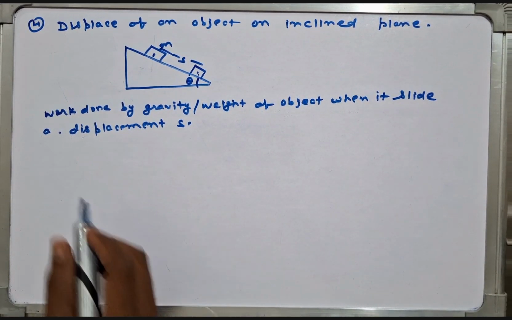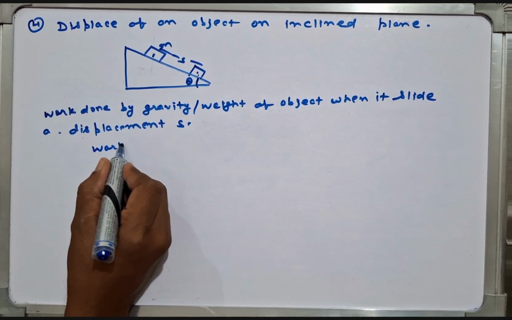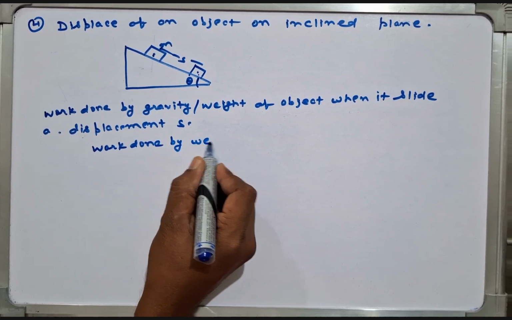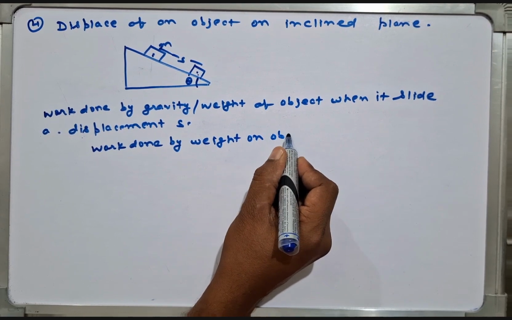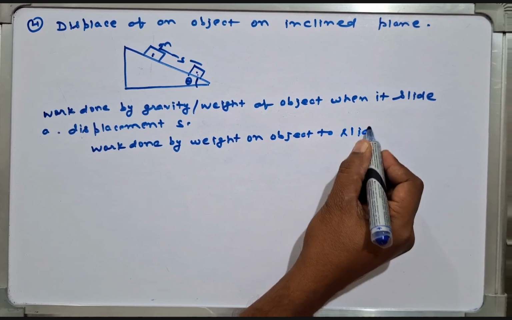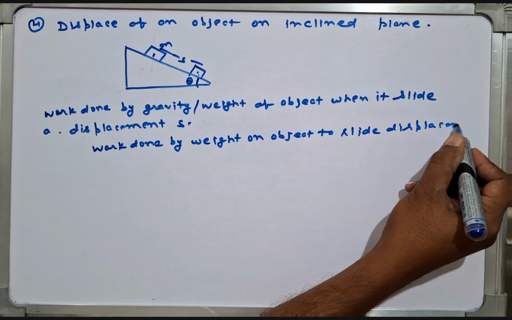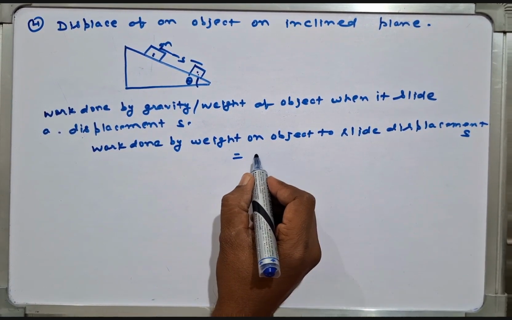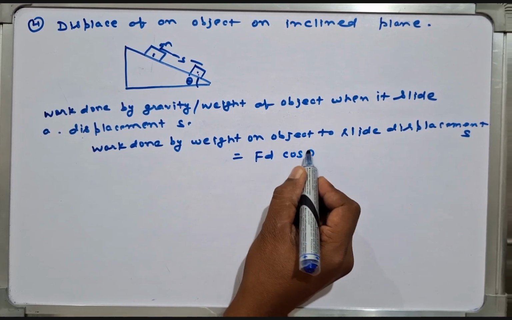Okay, so we apply here the formula: work done by weight on the object to slide displacement s. So we can write F d cos theta.